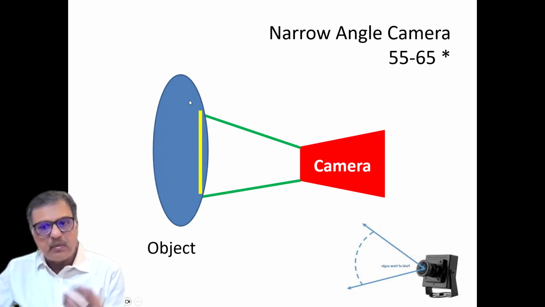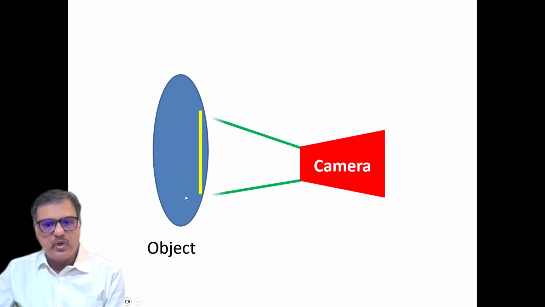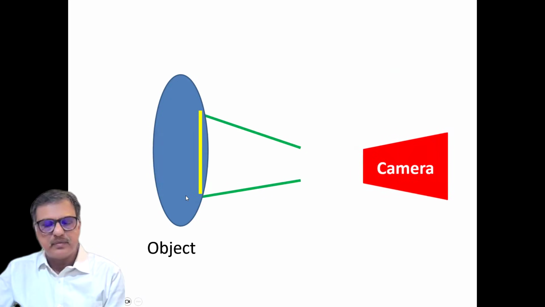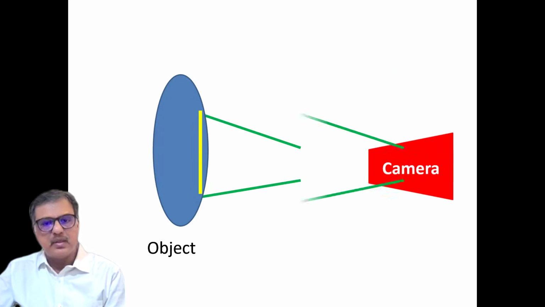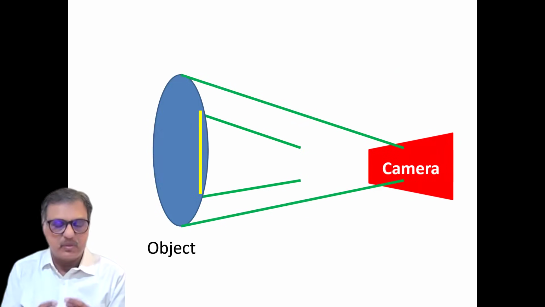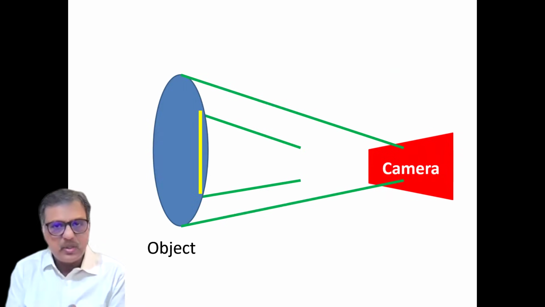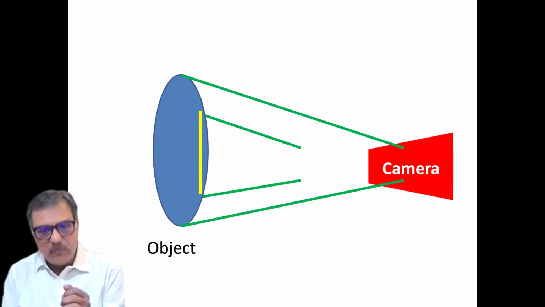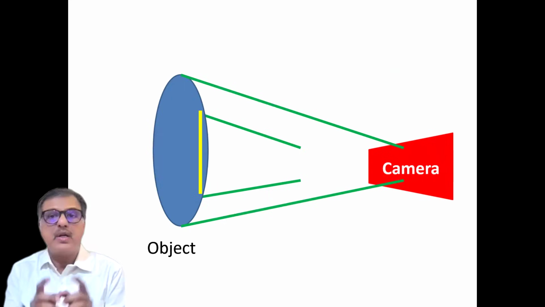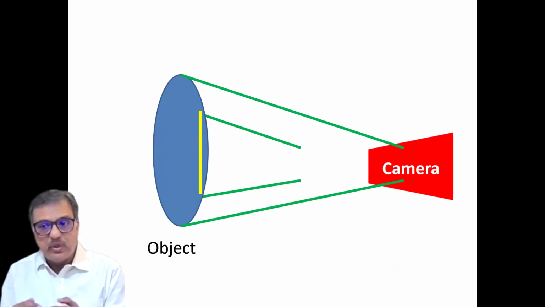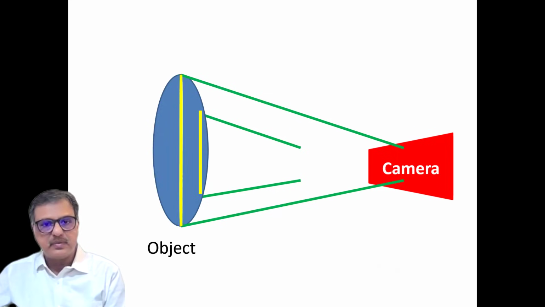So to get the complete view of the object, you have to withdraw the camera and then look at the object, then we'll be able to see the complete object. That's the reason when you're using a narrow angle videolaryngoscopic camera, many times you have to withdraw the videolaryngoscope to get the complete laryngeal view. So withdrawal is required in such types of devices.